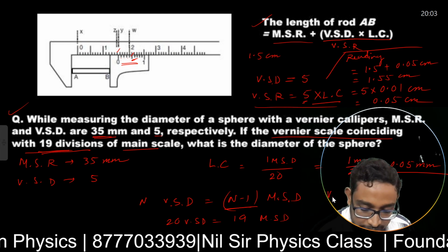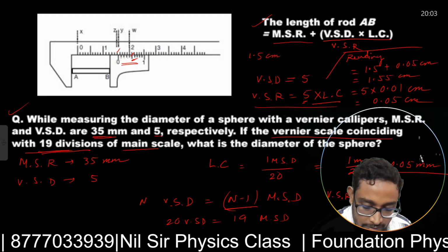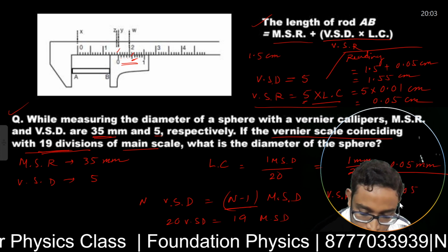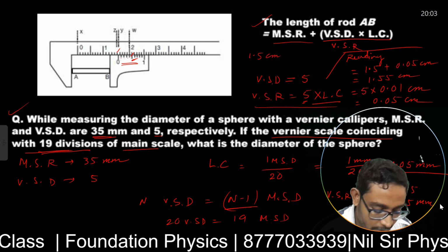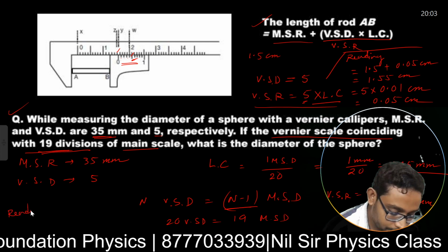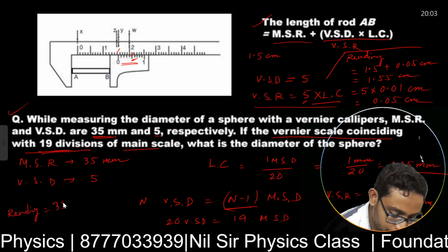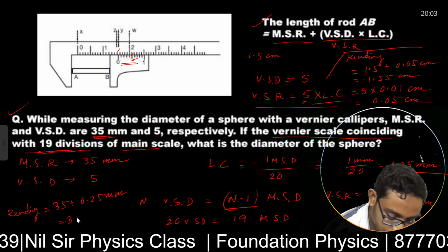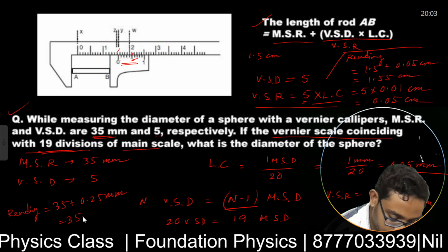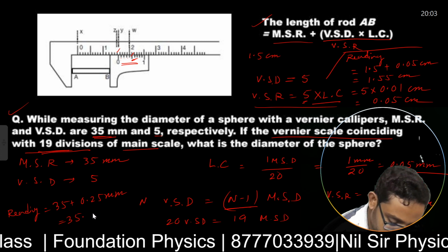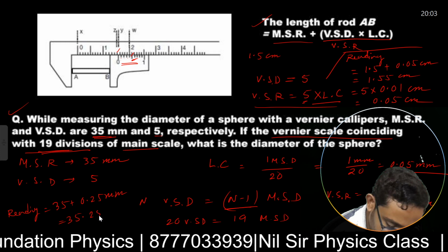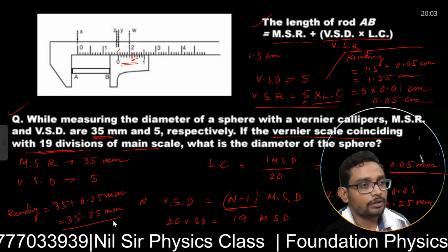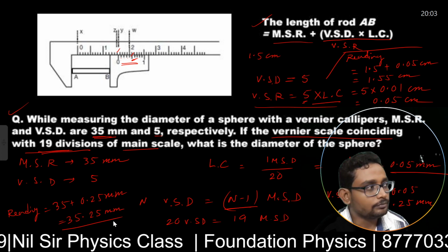So what is the vernier scale reading? 5 into 0.05. What is the reading? Right? Okay.